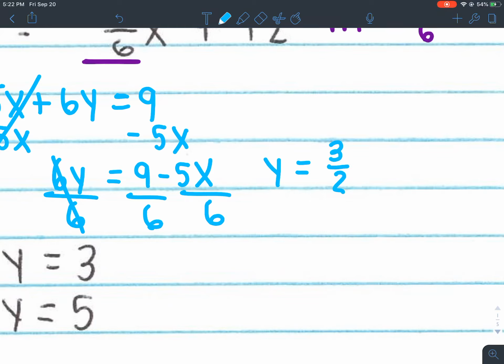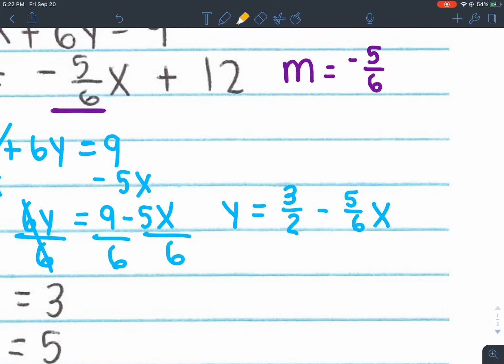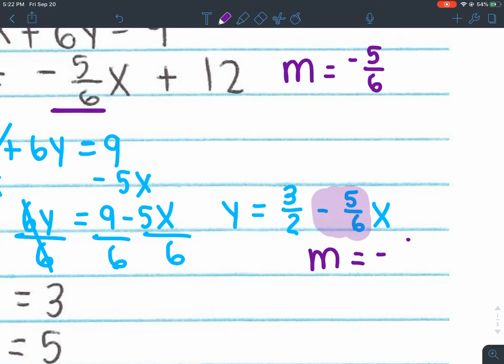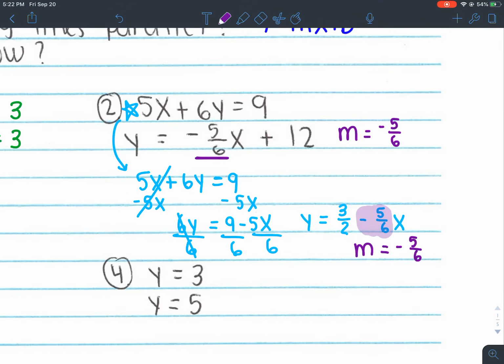And then negative 5 over 6 doesn't simplify, so we keep it the same way. All right, so what is our slope here? Our slope is negative 5 over 6. So do my two slopes match for my two lines? Yes, they have the same slope. They're both negative 5 over 6. So these are parallel.